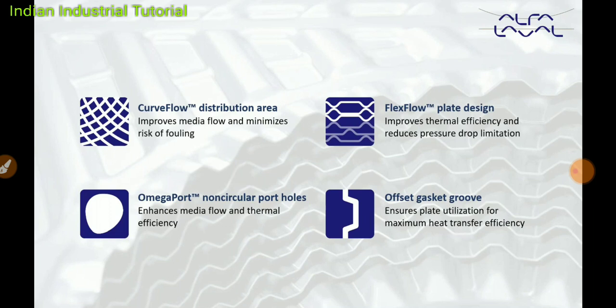Enhanced media flow and thermal efficiency. This port has more opening than a circular port in a given area, and this enhances the media flow and thermal efficiency. This is the answer to your question. Okay, great. So I hope, Nikhil sir, your question is answered.